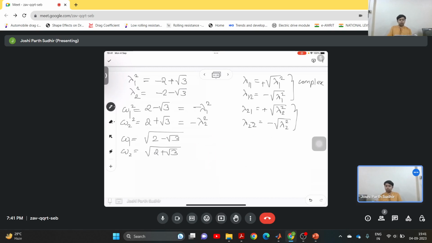Now to solve for the eigenvectors corresponding to each of these roots, let us call v11, v12, v21 and v22 the eigenvectors corresponding to each of these roots lambda 11, lambda 12.